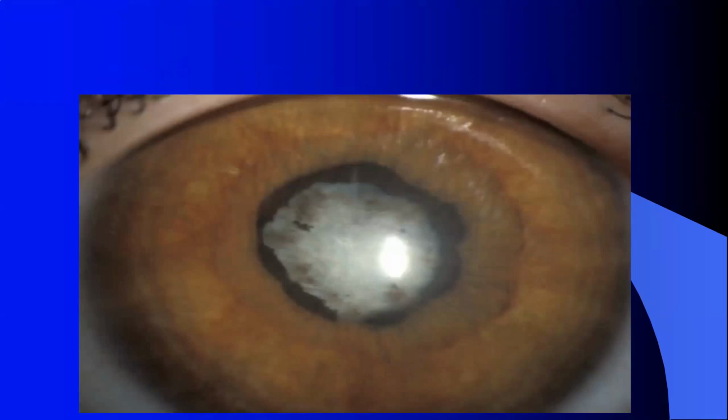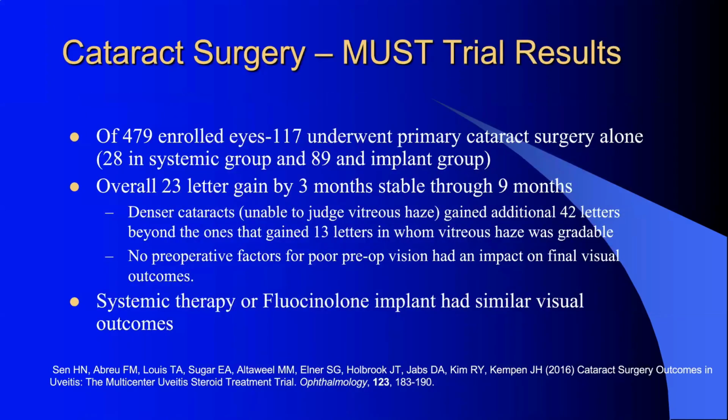So here's a patient with a uveitic cataract. This is a very, very bad cataract with bad uveitis that's poorly controlled. Cataract surgery: the MUST trial results show, and remember the MUST is a prospective study, that overall patients who underwent primary cataract surgery in the 479 enrolled eyes did well and the vision improved.